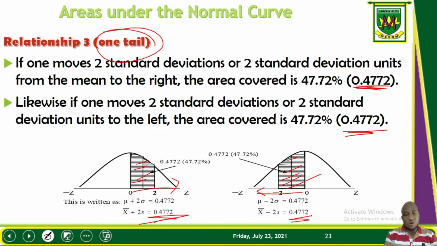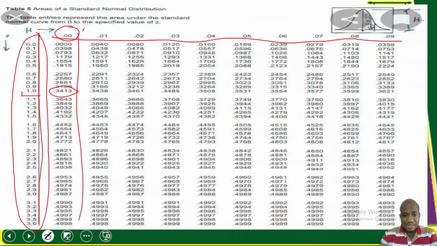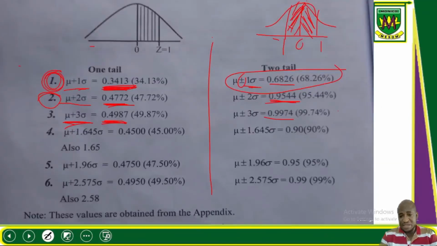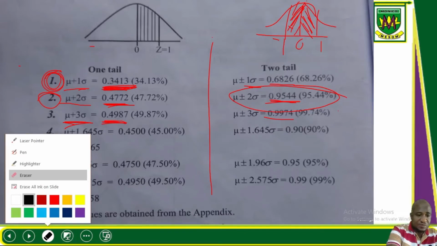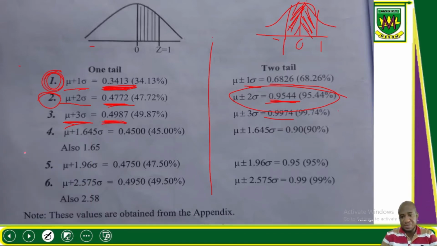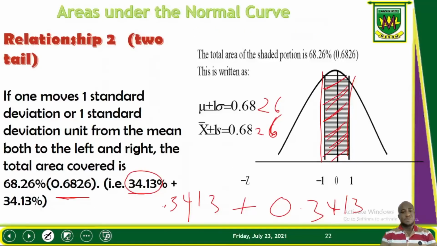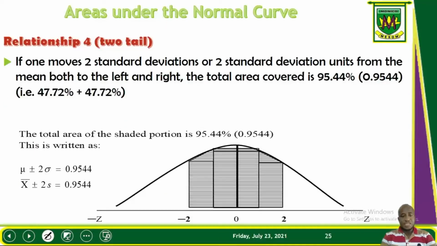Now let's go to its corresponding two-tailed value. That is on the summarized slide, the information we have here. When we are moving 2 standard deviation units under two-tailed, that is our 4th relationship.